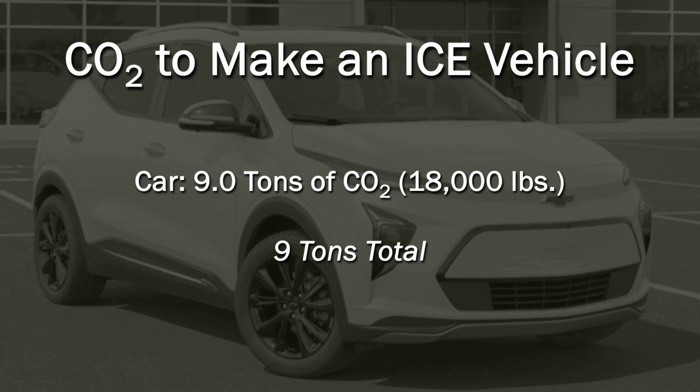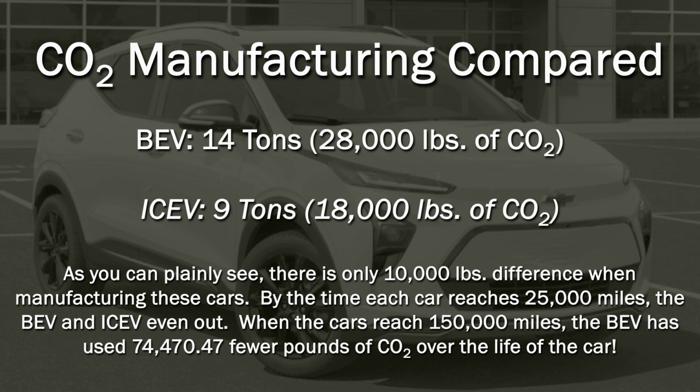When you compare the manufacturing tonnage, the battery electric vehicle uses about 5 tons more than the ICE vehicle, and as you can plainly see, that's only a 10,000 pound difference. By the time each car reaches about 25,000 miles, the battery electric vehicle and the ICE vehicle even out in their carbon footprint. And when the cars reach about 150,000 miles, the battery electric vehicle has used almost 75,000 fewer pounds of CO2 over the life of the car.